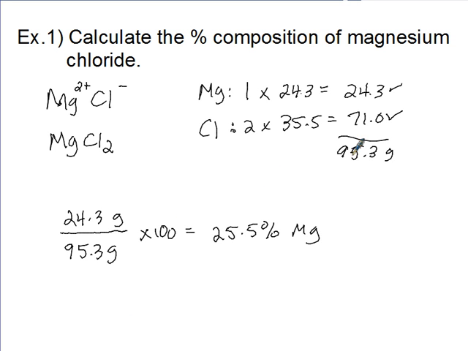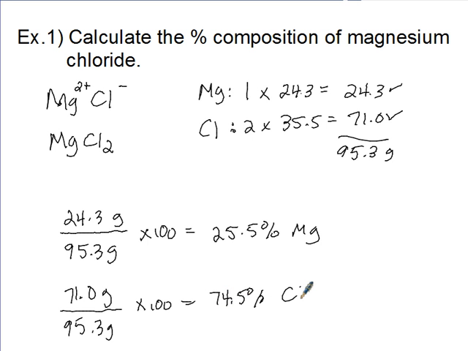So we take the mass of chlorine, so 71.0 grams, over the total molar mass, which is 95.3 grams, multiply by 100, and we get 74.5% chlorine. And if we add those two together, you can see that we would get exactly 100%.